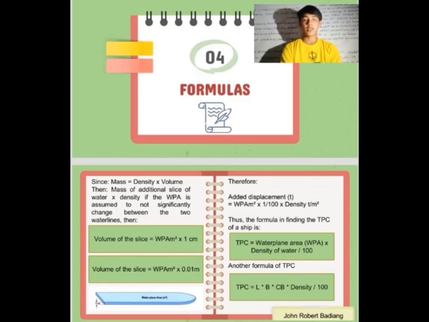Thus, the formula in finding the TPC of a ship is TPC equals water plane area, or WPA, times density of the water over 100. Another formula of TPC is TPC equals L, or length, times B, or breadth, times CB times density over 100.